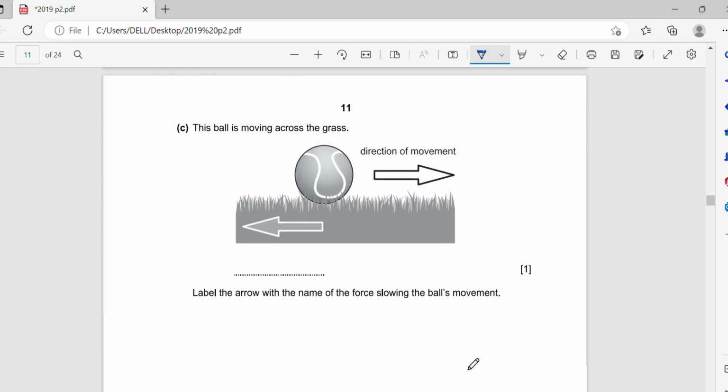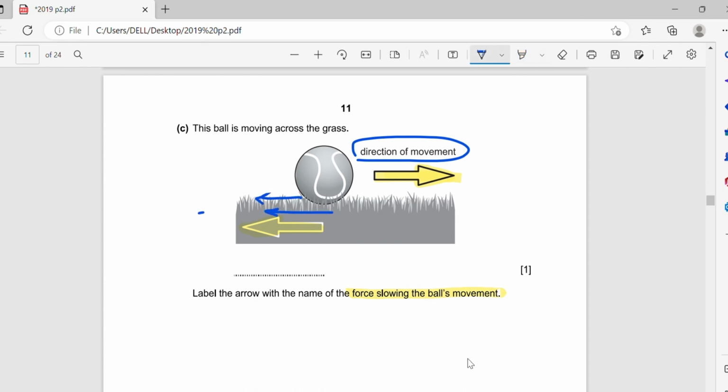Question C. This ball is moving across the grass. يبقى ده direction of movement للبول كده to the right side. بس في حاجة بتبطئها to the left side. Label the arrow with the name of the force slowing the ball's movement. What makes it slow?